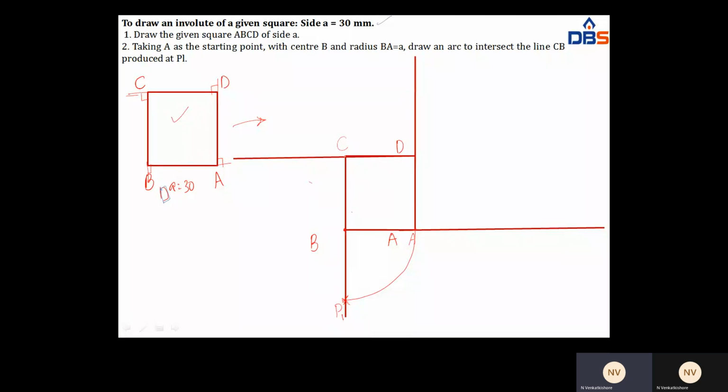So from C, this is called the center. Next, what is the previous point?